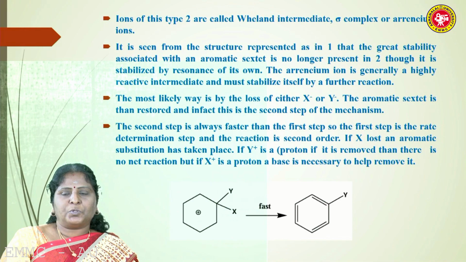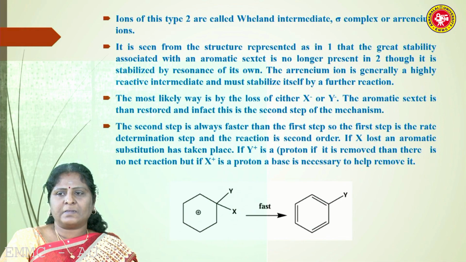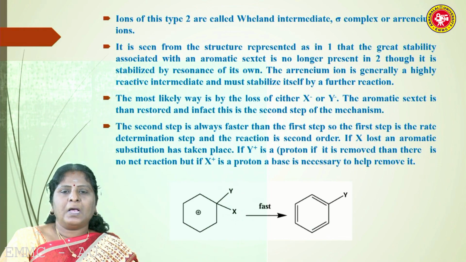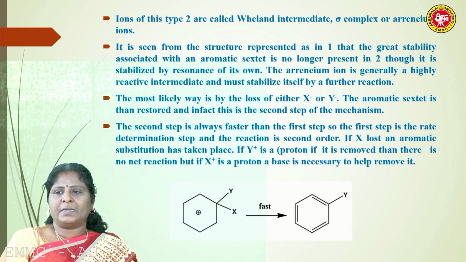Ions of the type 2, that means the Wheland intermediate or the arenium ion intermediate, are also called sigma complex or arenium ions. It is seen from the structure represented in 1 that the great stability associated with an aromatic sextet is no longer present in the resonance hybrid, that means the Wheland intermediate.